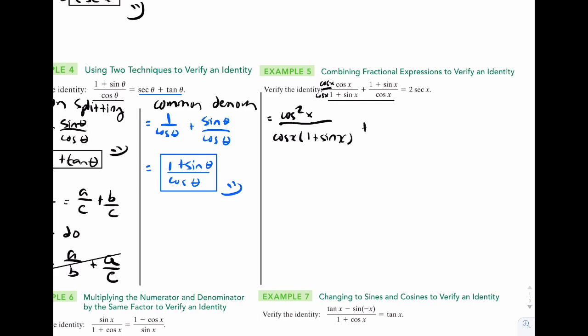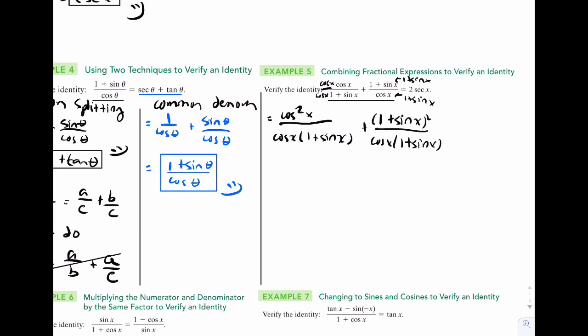Plus, and notice how the right side is going to need a 1 plus sine x to both sides. So 1 plus sine x there, 1 plus sine x on the bottom. So we'll just write this 1 plus sine x squared all over cosine x, 1 plus sine x.